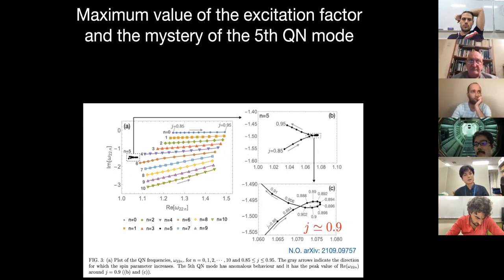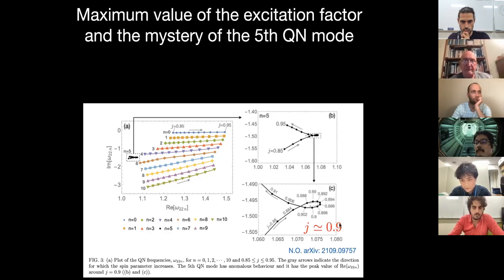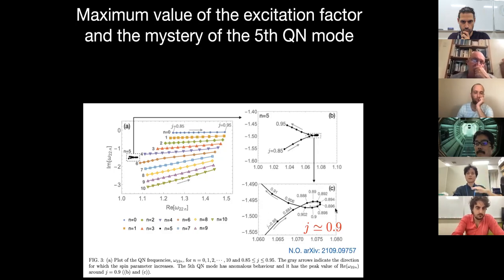Onozawa, in 19, sorry, I forgot, found this anomalous behavior first. But anyway, around 0.9 spin parameters, there are anomalous trajectories of the quasi-normal frequencies for the fifth overtone.